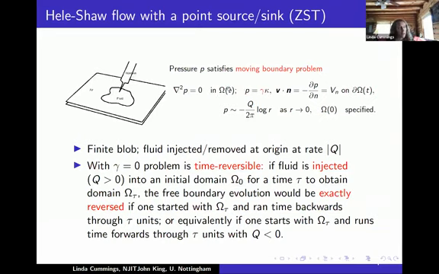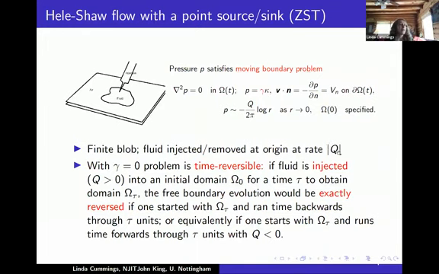So we have Laplace's equation in the fluid domain. We have P equals surface tension times curvature on the interface. And we may or may not want to set that surface tension parameter gamma to 0. We have the dynamic boundary condition on the moving interface. And we want to think about the case where fluid is injected or removed at the origin, although removal of fluid will be the unstable situation.